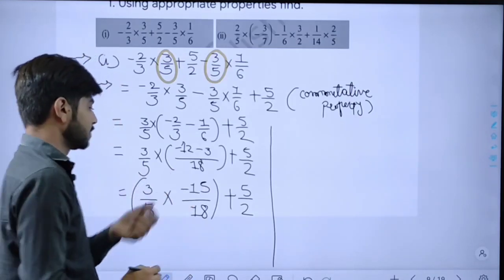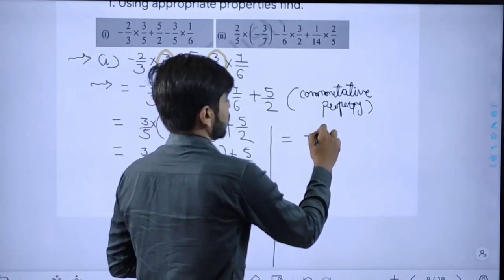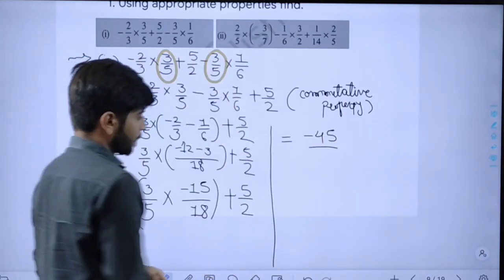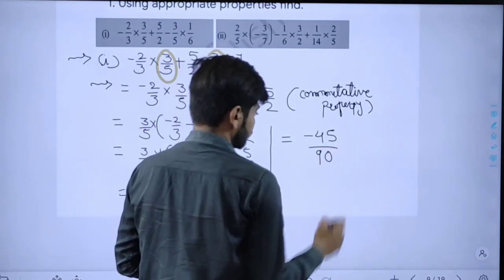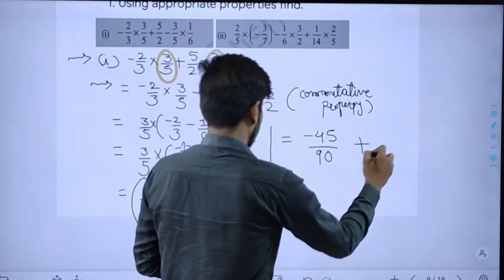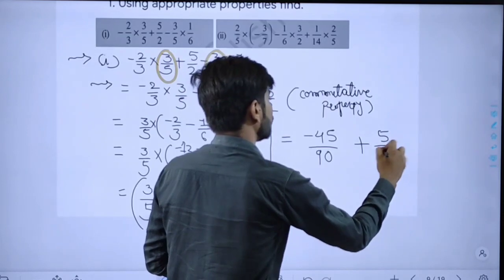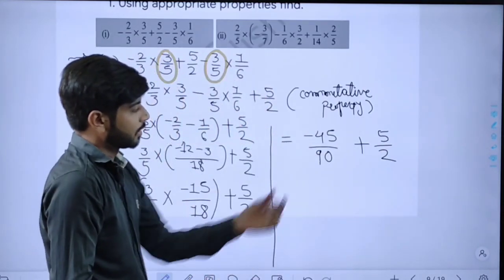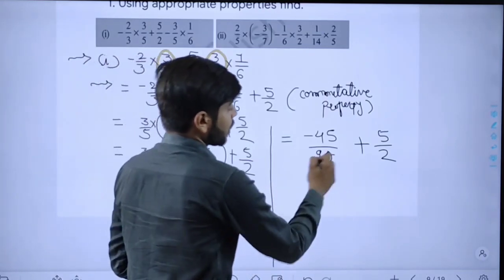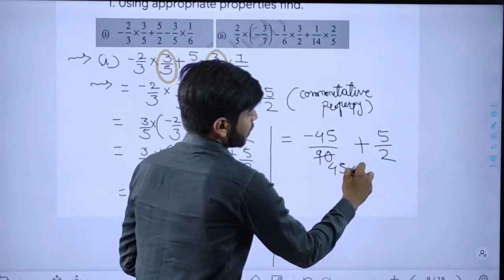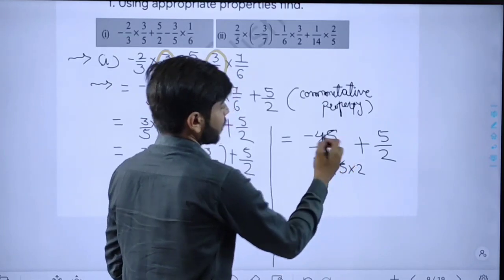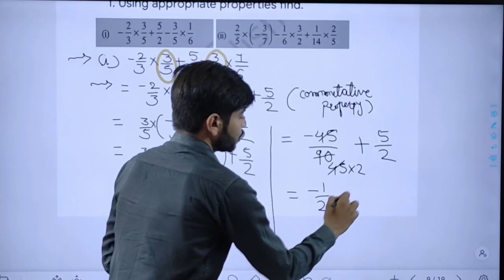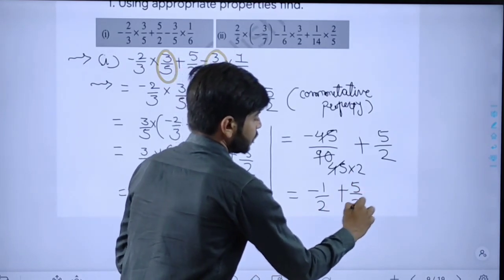So 15 3s are minus 45 upon 18 5s are 90 plus 5 upon 2. Now you can see there is a common, 45 2s are 90, so 45 will be cut. We will get minus 1 upon 2 plus 5 upon 2.